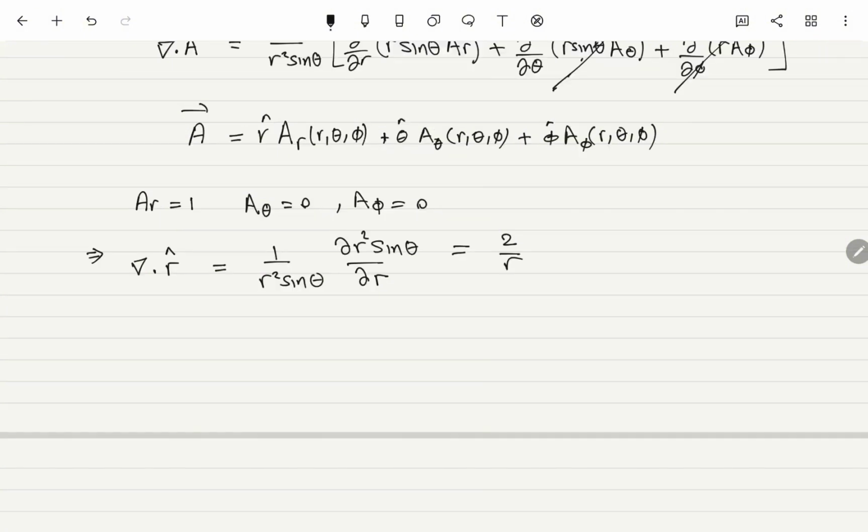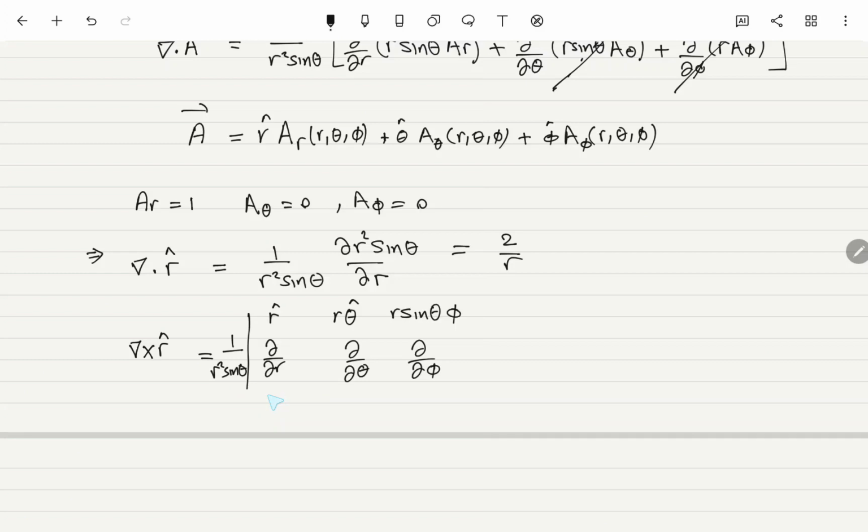Again, if you would like to find curl r hat using the definition of the curl and A r, A theta, and A phi, it will be equal to 1 over r square sine theta times the determinant with r hat, r theta hat, r sine theta phi hat, partial r, partial theta, partial phi.